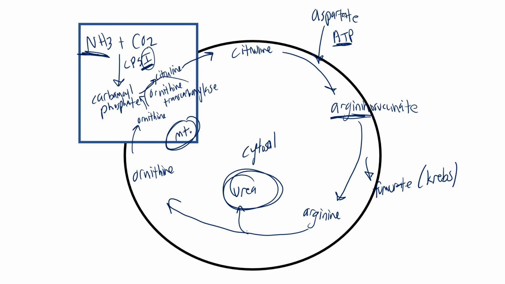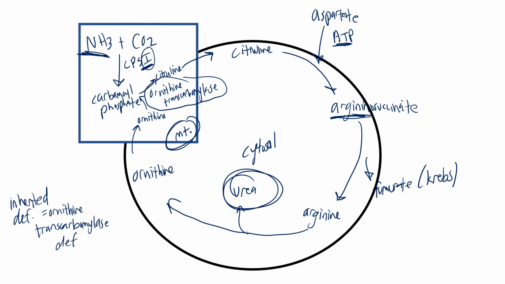This is very high yield because there's an inherited deficiency that babies can present with, called ornithine transcarbamylase deficiency. In other words, if you don't have this enzyme working, you are going to, first of all, have a buildup of ammonia.